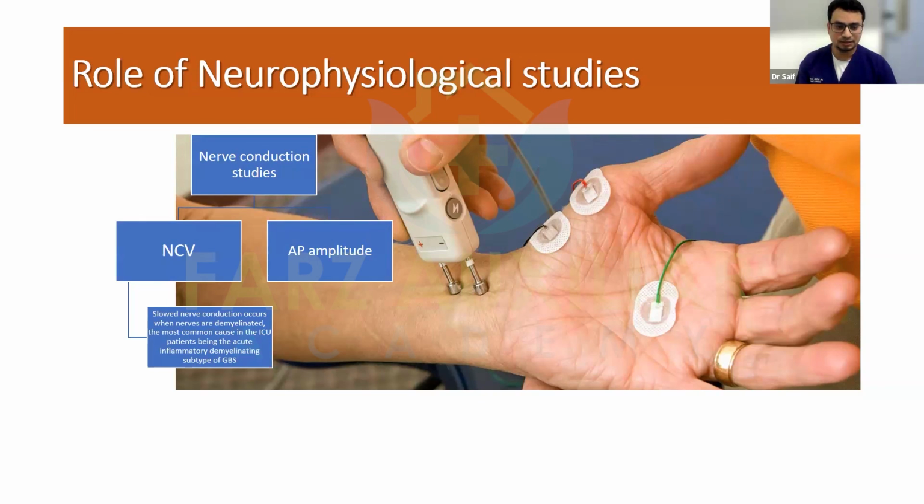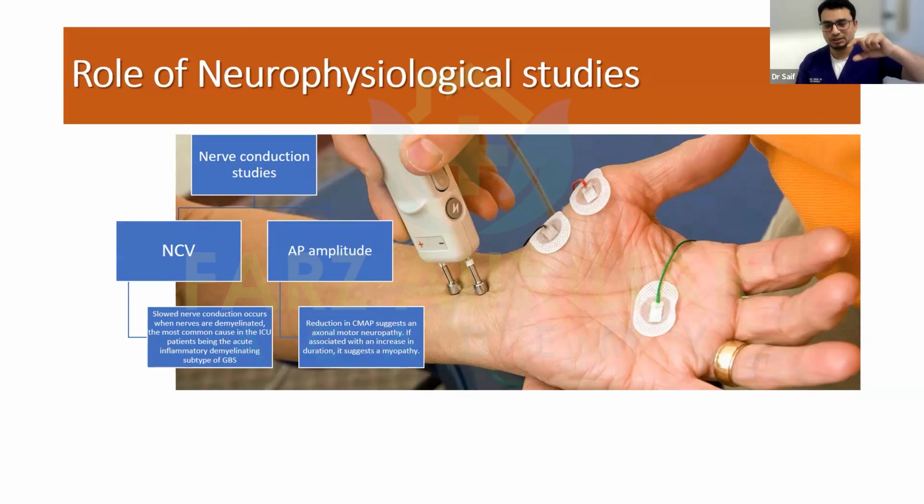And it can essentially be used to differentiate demyelinating and axonal subtypes of Guillain-Barré syndrome. On the other side, the action potential amplitude, the CMAP, may be reduced.